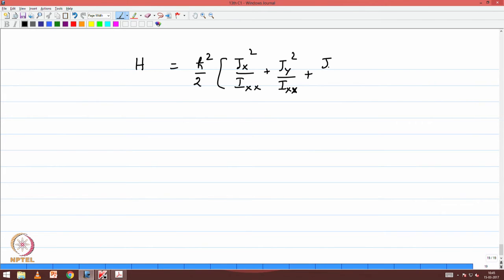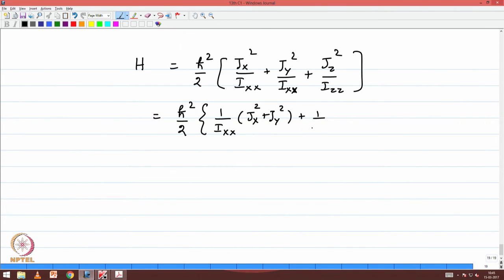Then you have J_z squared by I_zz, and so you can write this immediately as h bar squared by 2 into 1 by I_xx times (J_x squared plus J_y squared) plus 1 by I_zz times J_z squared.